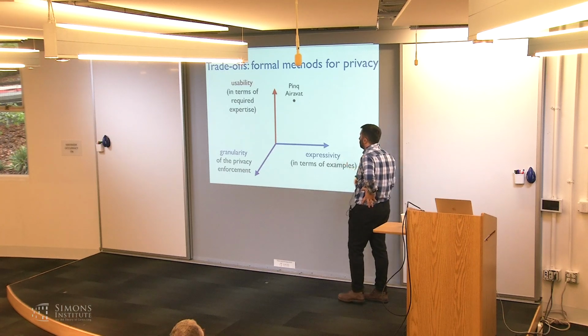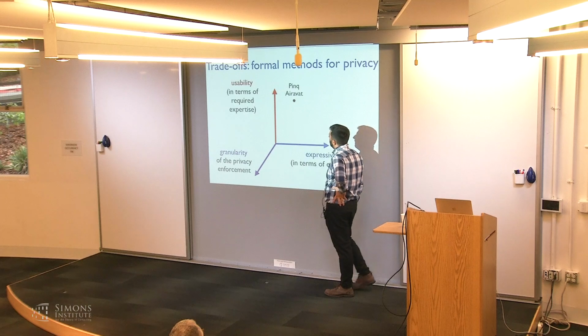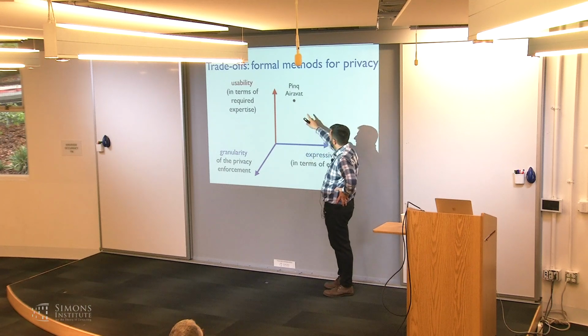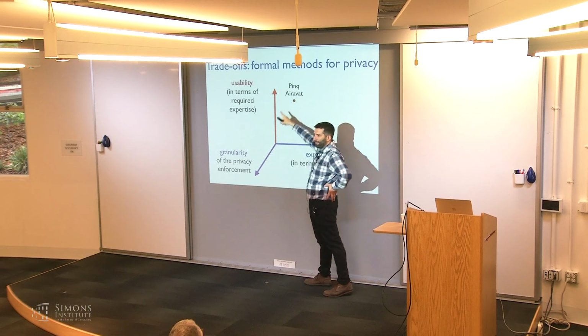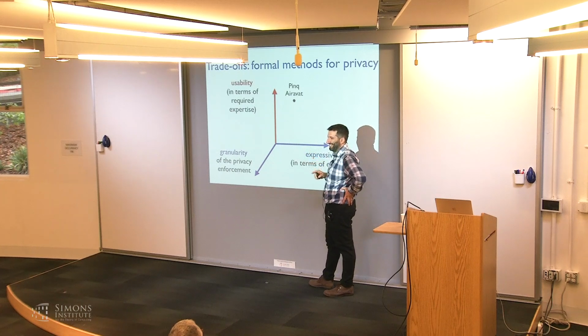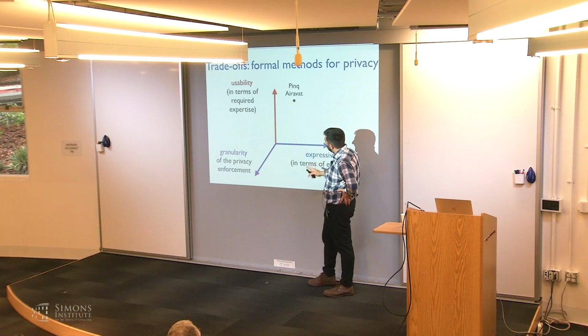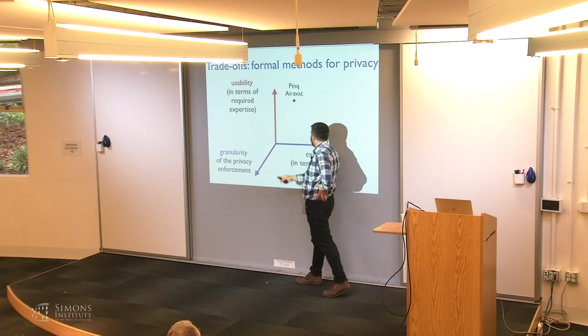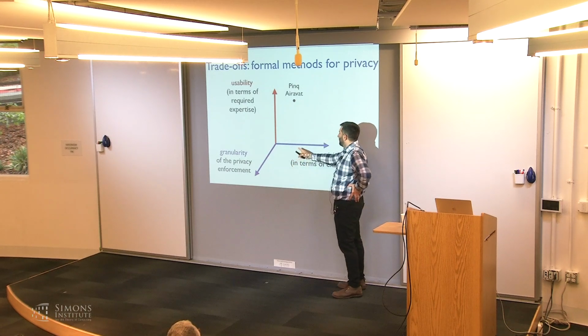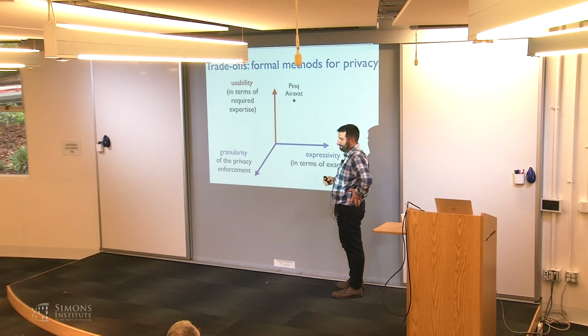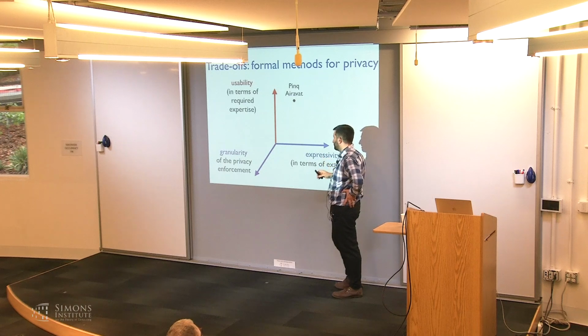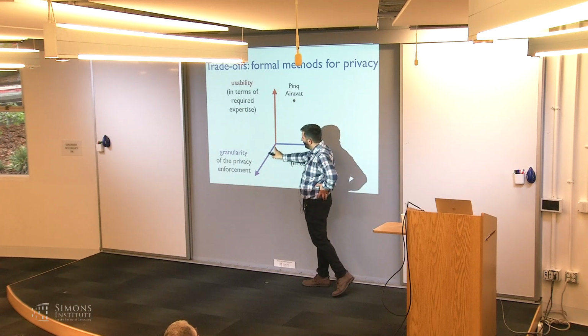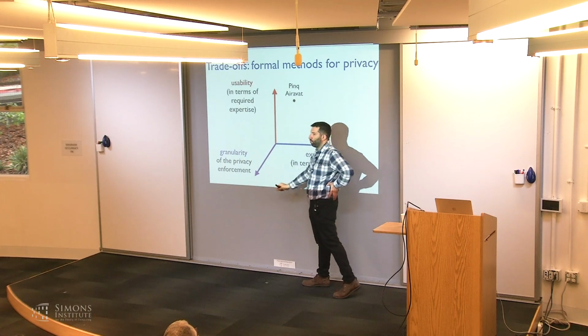And I go back to the picture I presented before, and the place I put Pink. As I said, it's difficult now to realize the 3D direction, but the idea is that it is quite good in usability, not super expressive in a way that I will explain soon, and the granularity is quite low.